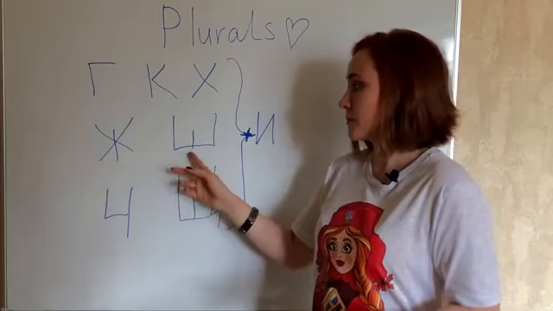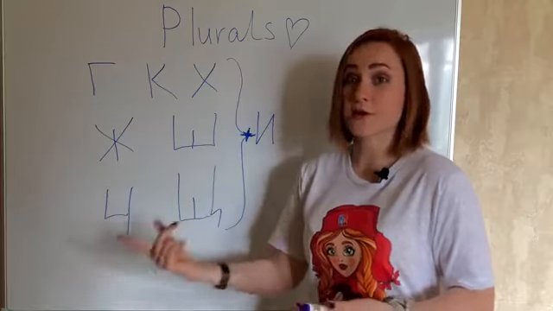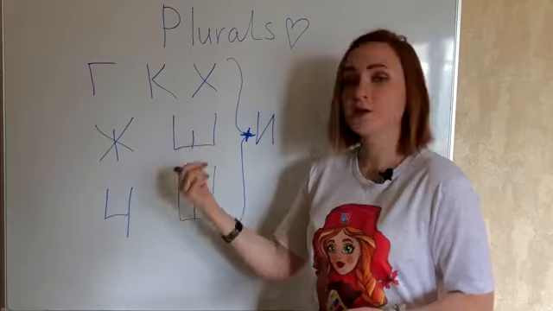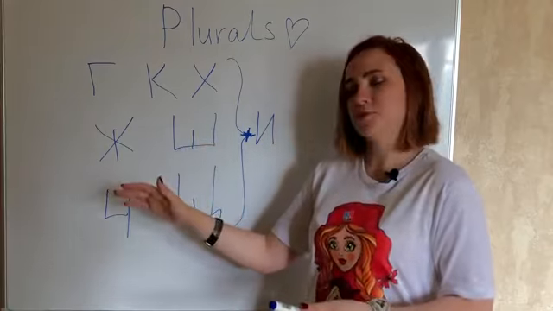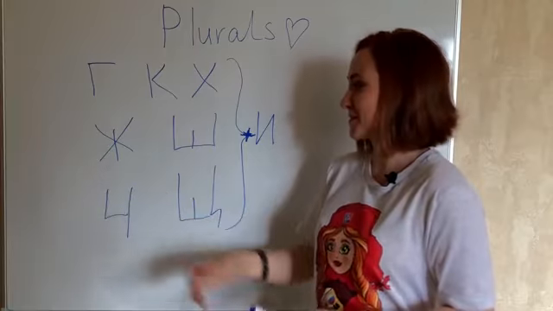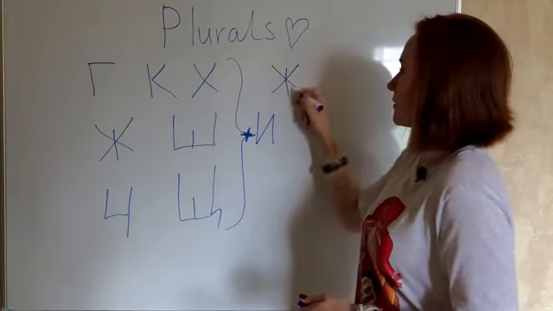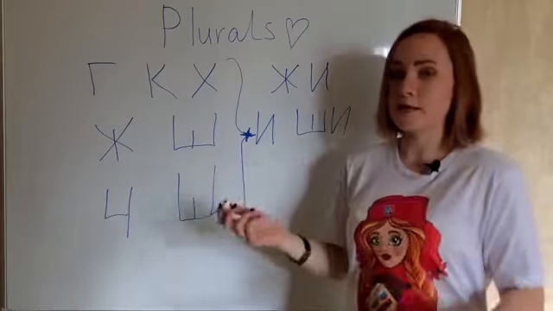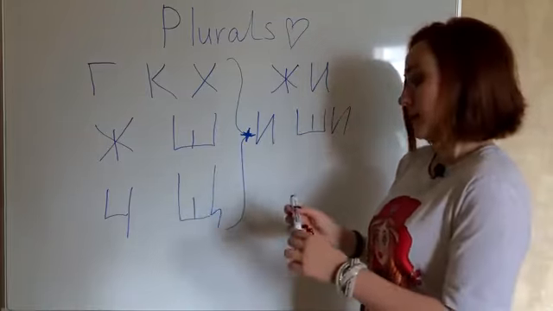For example, this is the spelling rule that we learn in the first grade at school, and it sounds like жи, ши, пиши через и. Like 100% of Russian people know this rule. It means жи, ши, write with и.